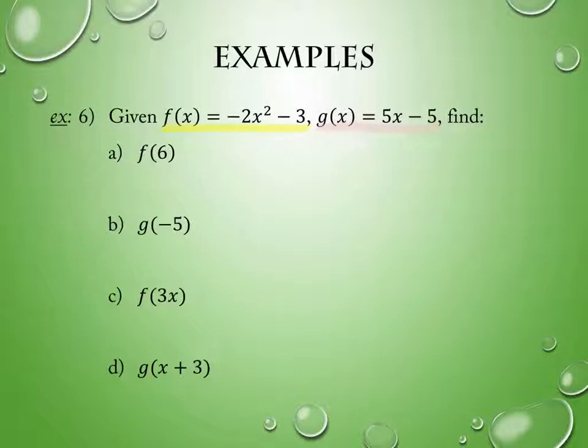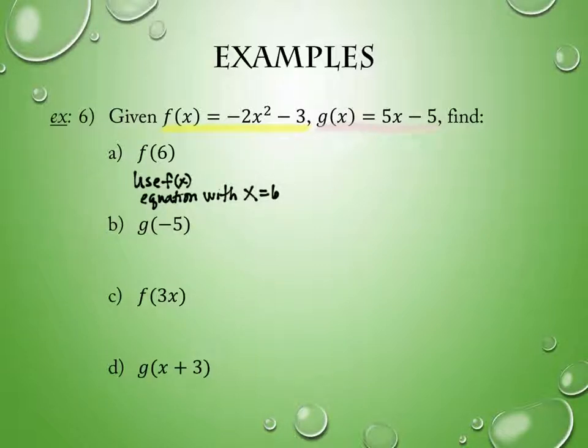And the first one we're trying to find is f of 6. This does not mean multiply by 6. So I'd like for you on this one at least to jot yourself a note that says what this is doing. This is saying use the f of x equation with x equals 6.